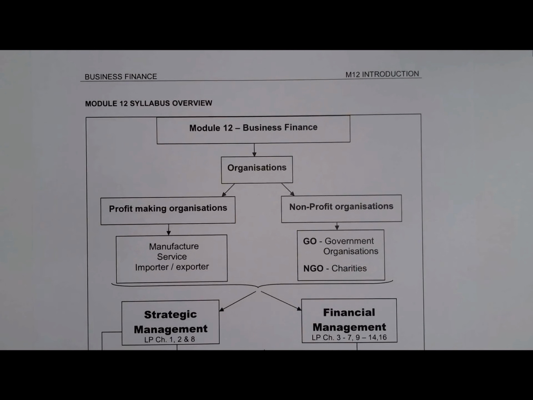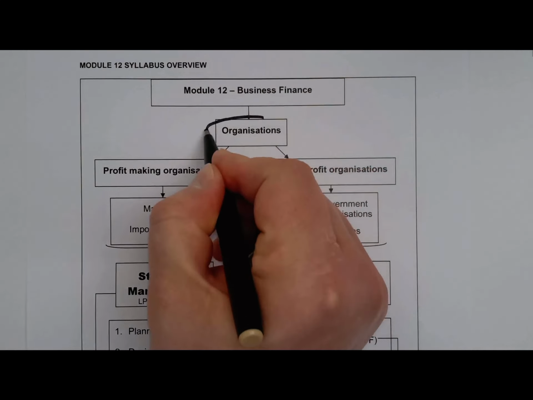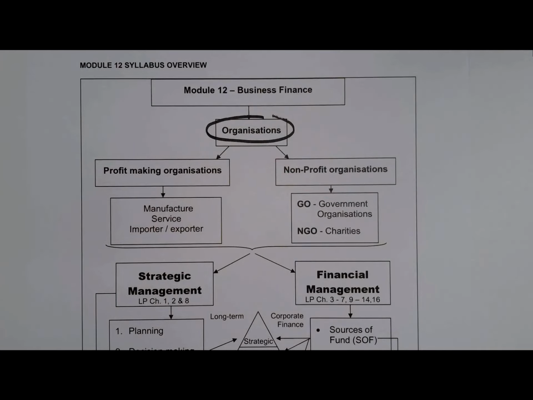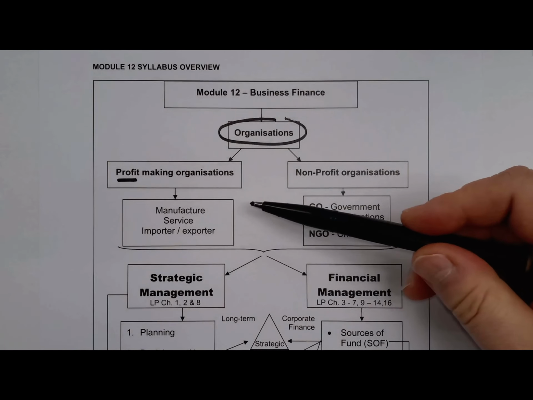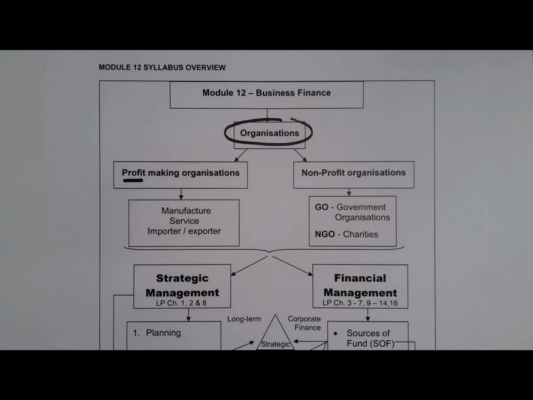What I want to get into here is the big picture. I want to show you guys the linkages that we have between all of these different areas in the syllabus. So Module 12, first of all, what are they testing? Well, they can test any type of organization. We can have profit-making organizations, so we can have manufacturers, we can have service, we just saw a restaurant business earlier.